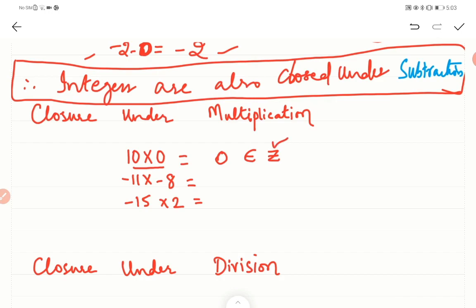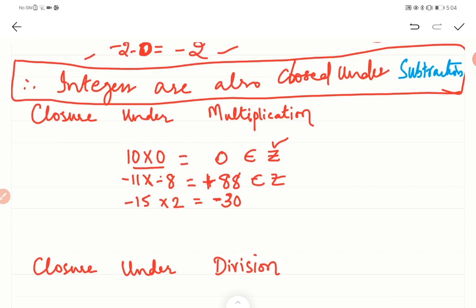Minus 11 multiplied with minus 8. 11 times 8 is 88. What should be the output sign? Both are minus, so it will become positive. Plus 88, even this belongs to Z. Minus 15 multiplied by 2: 15 times 2 is 30, and the output sign is minus 30 because one is minus and the other one is plus.